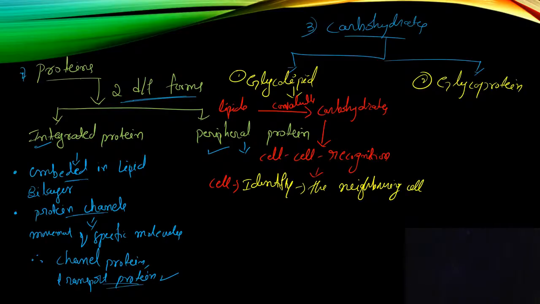So this is called cell to cell identification: the glycolipids on the plasma membrane of one cell and on the other cell identify the neighboring cells by identifying these particular glycolipids.